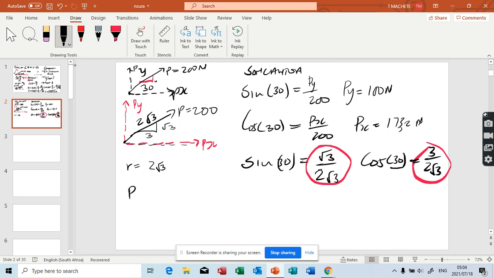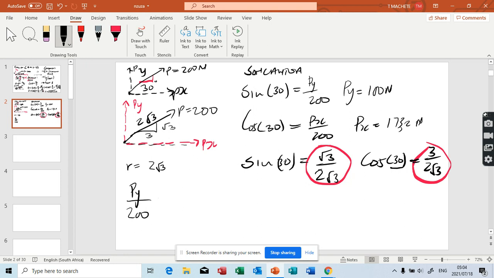So we're going to say Py over 200 equals... no, I cannot say Py. Wait, let me do this. Okay, let me just erase everything. Okay, yeah, I'm right. Py over 200 equals sine theta.